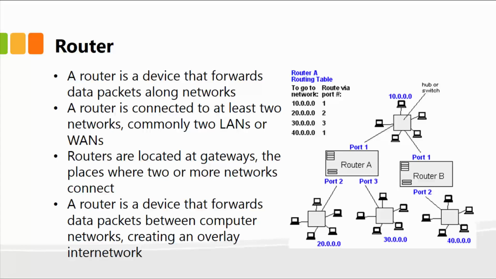In this diagram, we have two routers, router A and router B, connected to different subnets, or different networks. Each network can have its own physical devices such as hubs and switches. The router, using different ports, can send traffic from one subnet to the other, one network to the other, and so on.